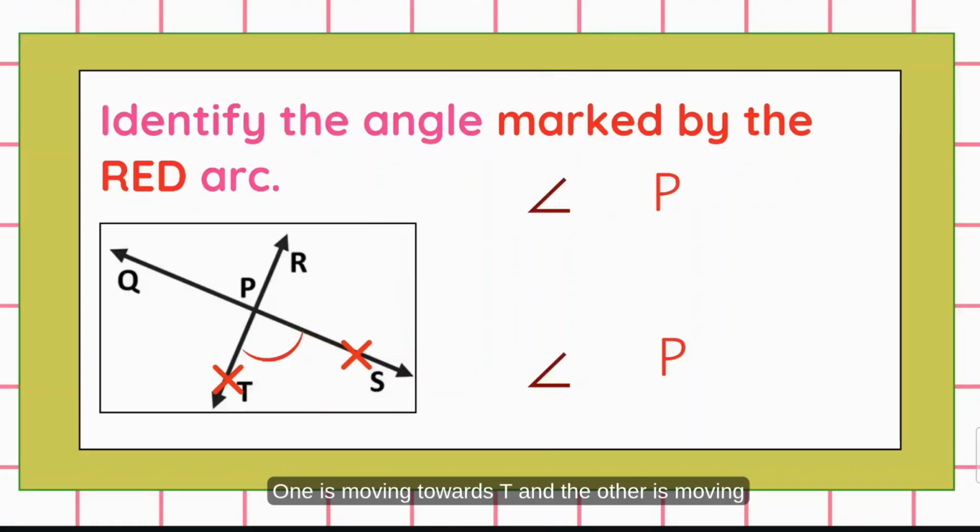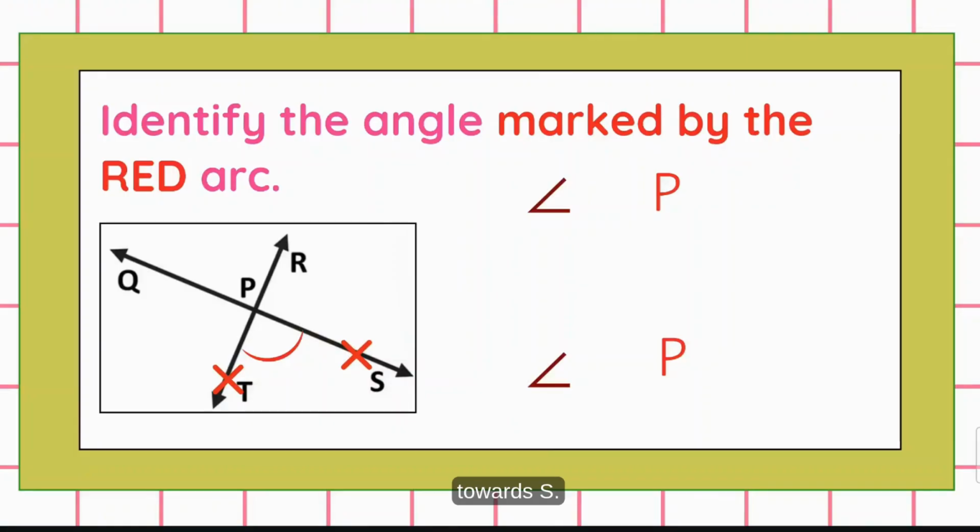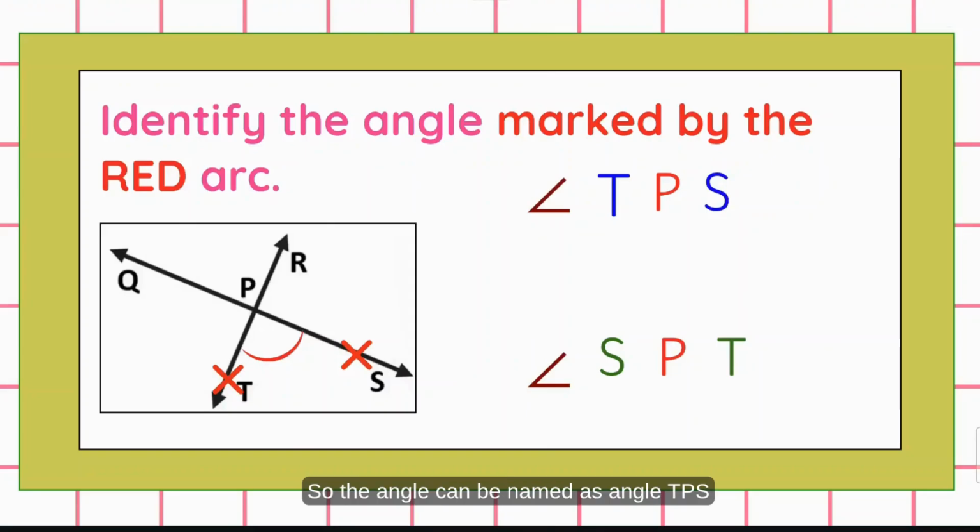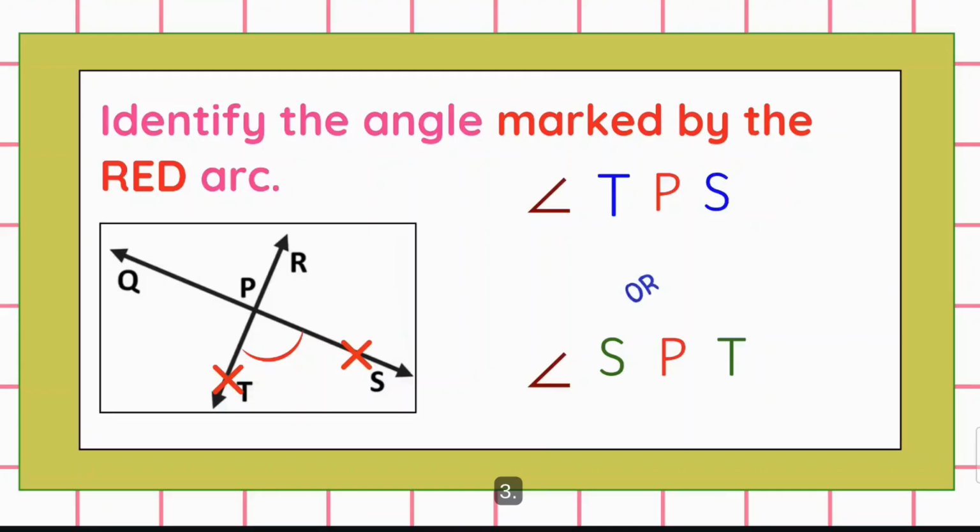One is moving towards T and the other is moving towards S. So place S and T alternatively on either side of P. So the angle can be named as angle TPS or angle SPT. But can this angle also be mentioned as angle P? Not at all. For the simple reason, 4 angles are getting formed at this point of intersection. This is going to be our next topic in module 3.